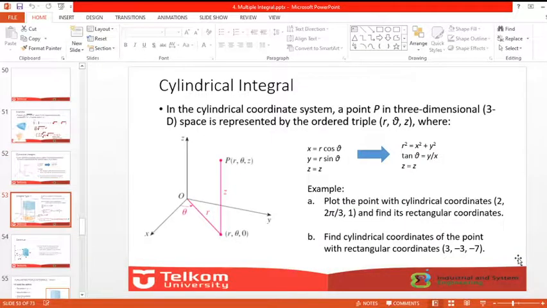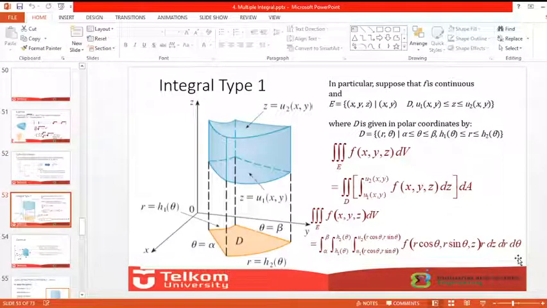Next, how can we compute the triple integral using the cylindrical approach? Previously, we defined how to find the integral using rectangular coordinates, so we can change to the cylindrical approach. As in the double integral, dx dy becomes r dr d theta.